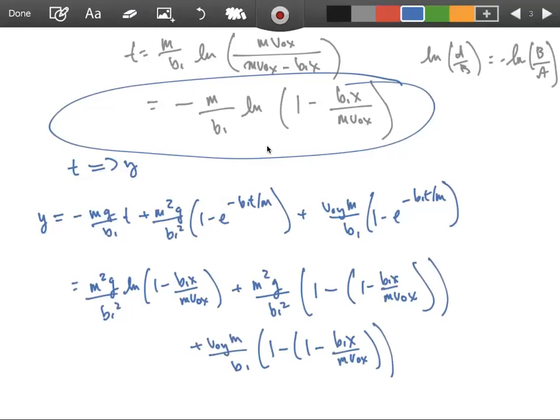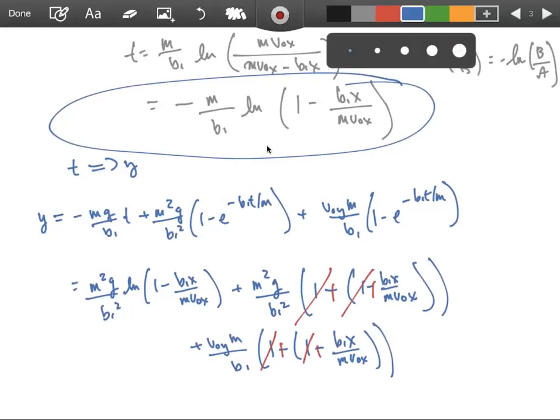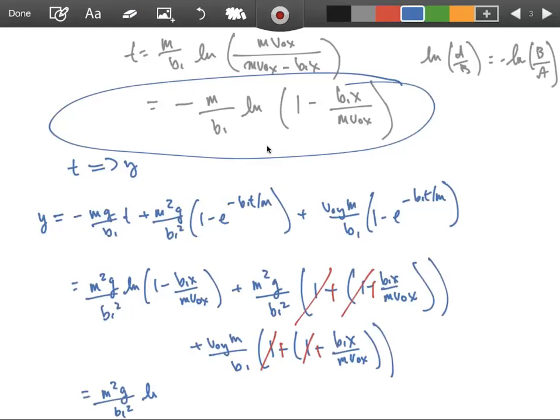Good. So let's start canceling some stuff here. Basically this term here is going to cancel with that one, and then this is going to make this guy a positive. This is going to cancel with this one, which is also going to make this guy a positive. So let's plug that in. Finally, I'm going to get m squared g over b1 squared times the natural log of 1 minus b1 x divided by m v initial x, plus m squared g over b1 squared times b1 times x divided by m v initial x.